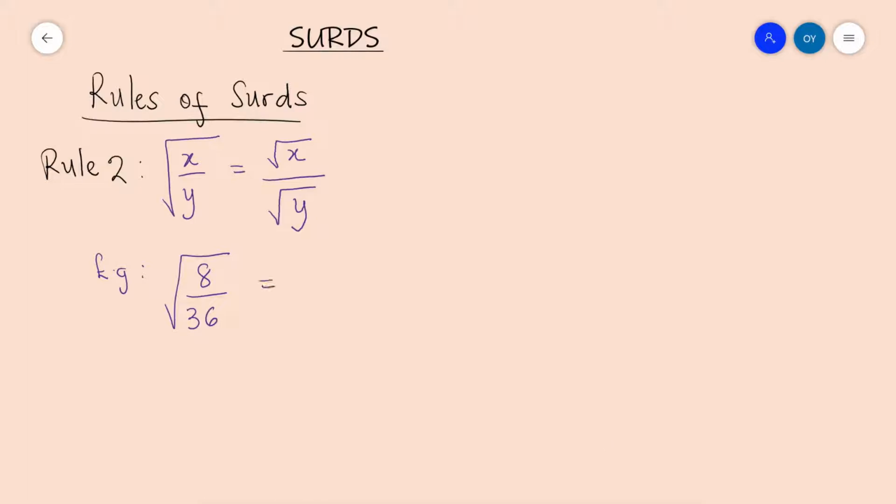So this can be separated as the square root of 8 divided by the square root of 36. Now, the square root of 8 can be written as the square root of 4 times 2, where 4 is a perfect square, divided by the square root of 36, because 36 is a perfect square.